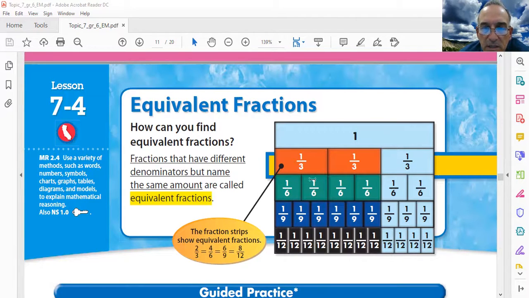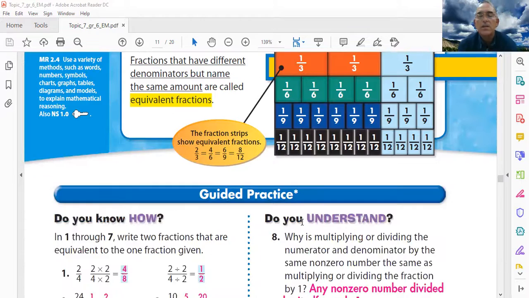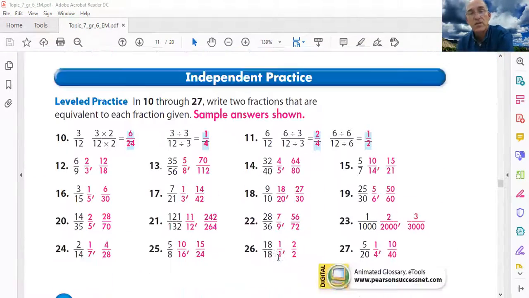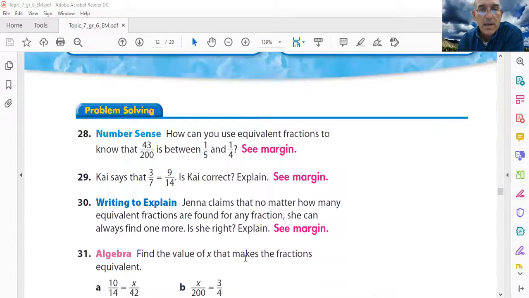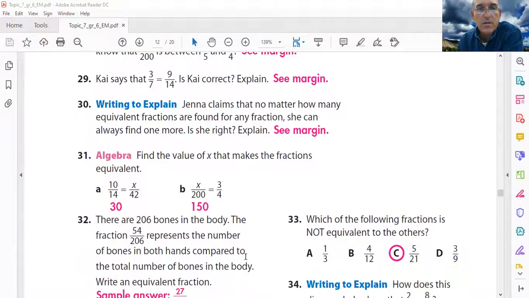Look, 2/6, 1/3. Same amount, different number. Look at it compared to 3/9. Look how 3/9 is the same as 1/3 in the area that it occupies. So again, same amount, different numbers. Make sense? Notice that the questions on this page are different than your page, 132, and all these problems here are different as well.